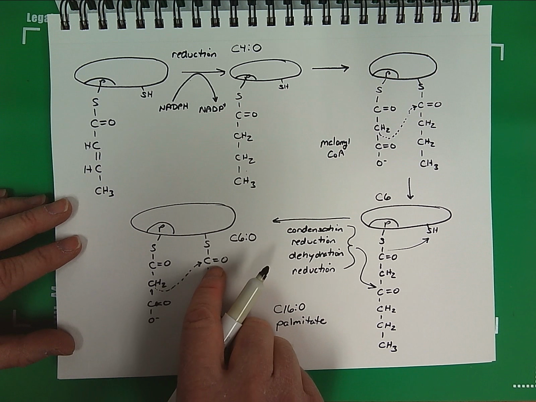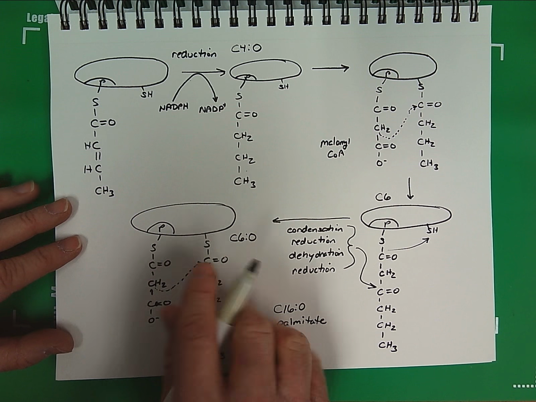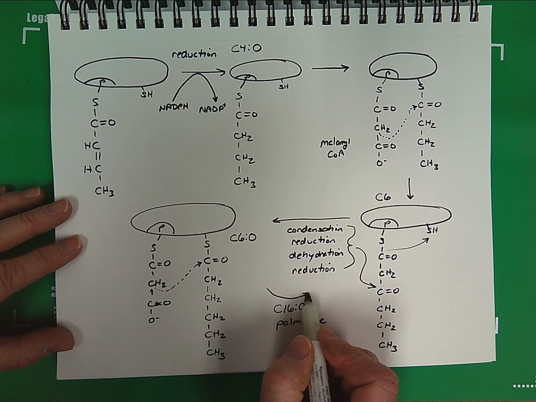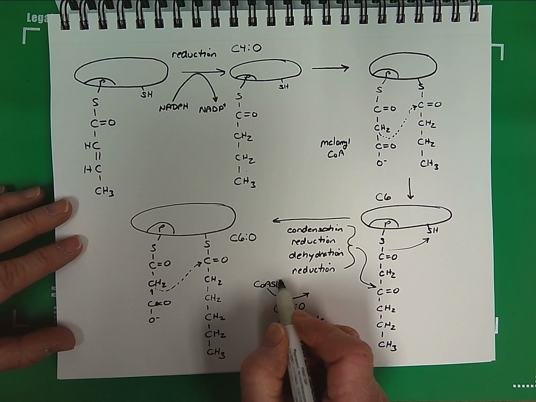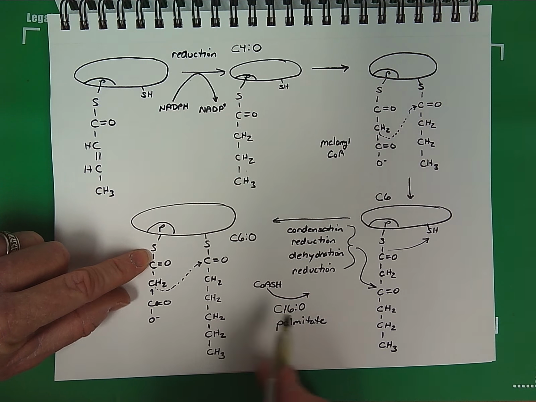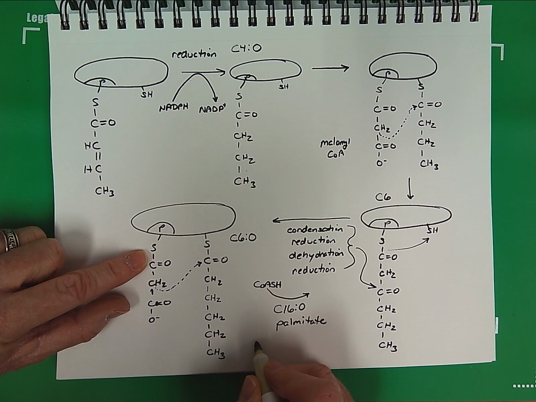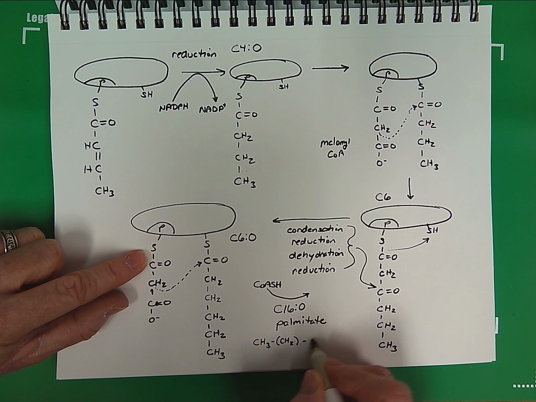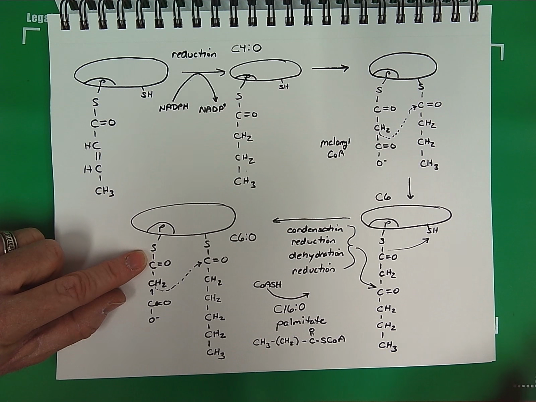Now, in order to release this fatty acid from the complex itself, we will add, in the end, coenzyme A to displace off of the sulfhydryl group the fatty acid in the form of a fatty acyl CoA. (16) will be 1, 2, and 14 CH2s.